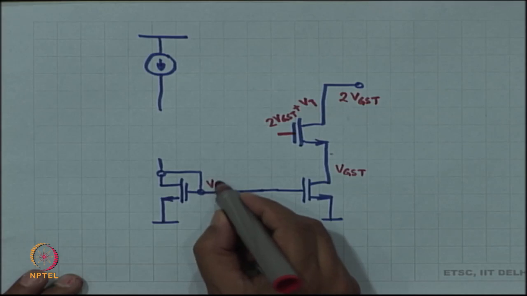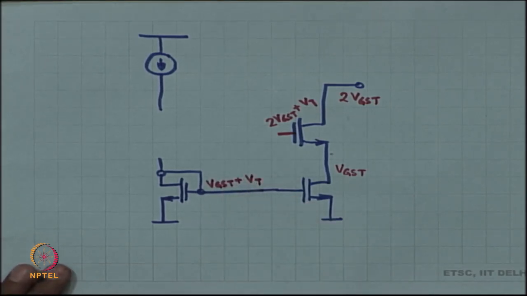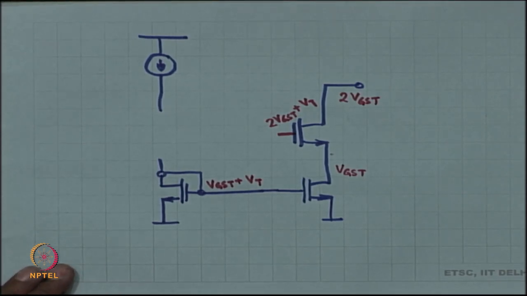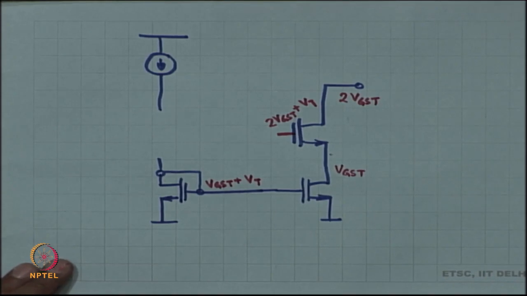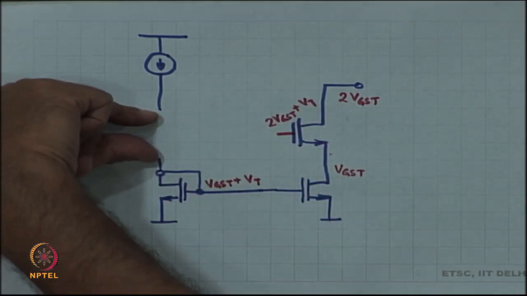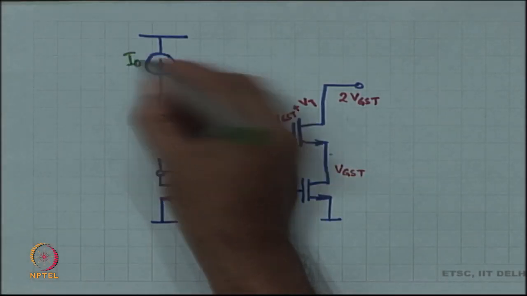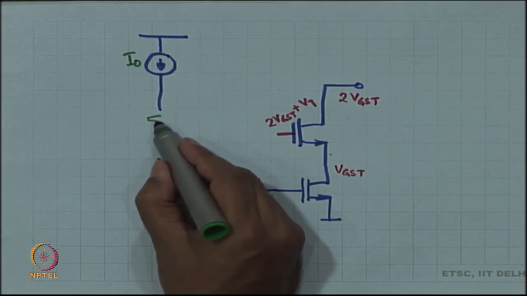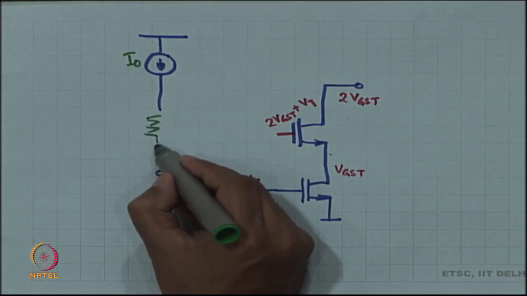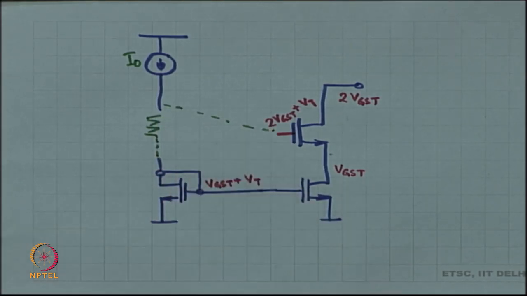The voltage here is VGST plus VT. Okay. So, one very easy way is to place a resistor over here, right, of value VGST by I naught, and hook this up.